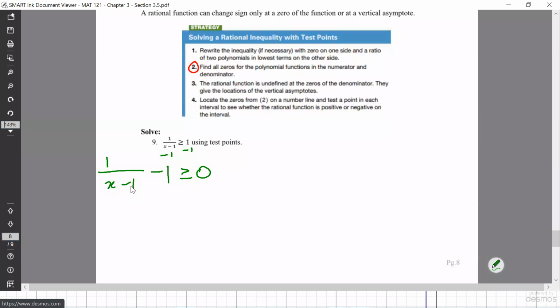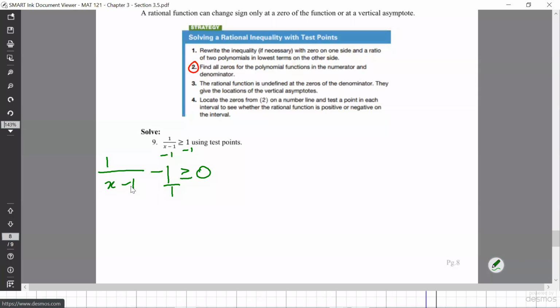Now you would need to simplify this, put it in the rational function format before you can solve this. So how can I simplify this then? You would need to do common denominators to try and combine them.